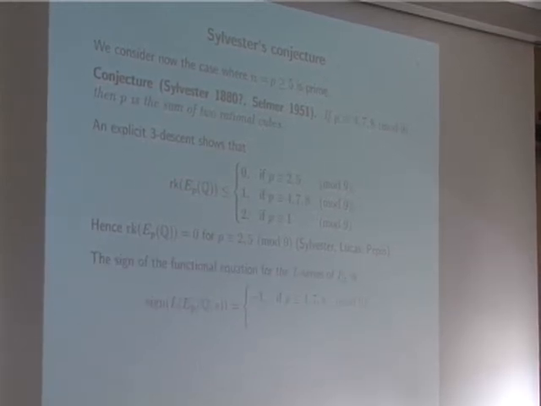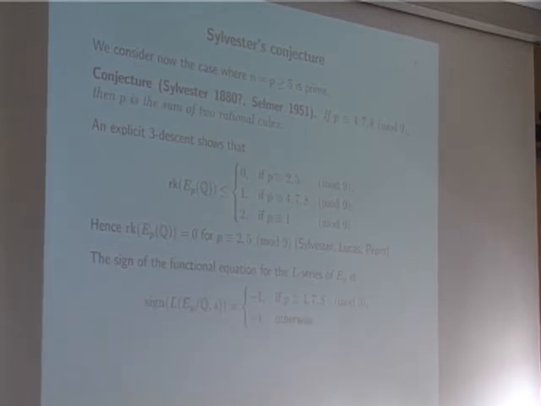So what about the case when p is 4, 7, or 8 mod 9? Well, we know the rank is less than or equal to 1, so we should also look at the sign of the functional equation for the L-series of E_p. It turns out that the sign is minus 1 if p is 4, 7, or 8 mod 9, and plus 1 otherwise.